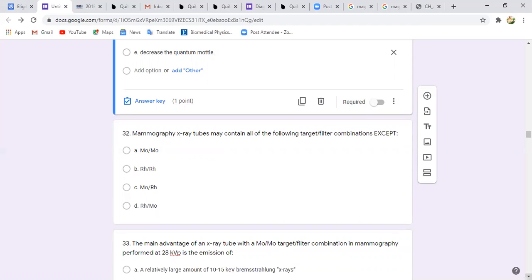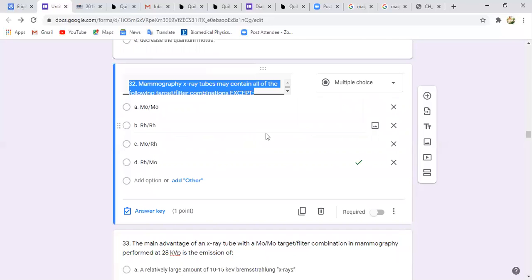Why is it Rhodium? Okay. The reason, Ella, yes.